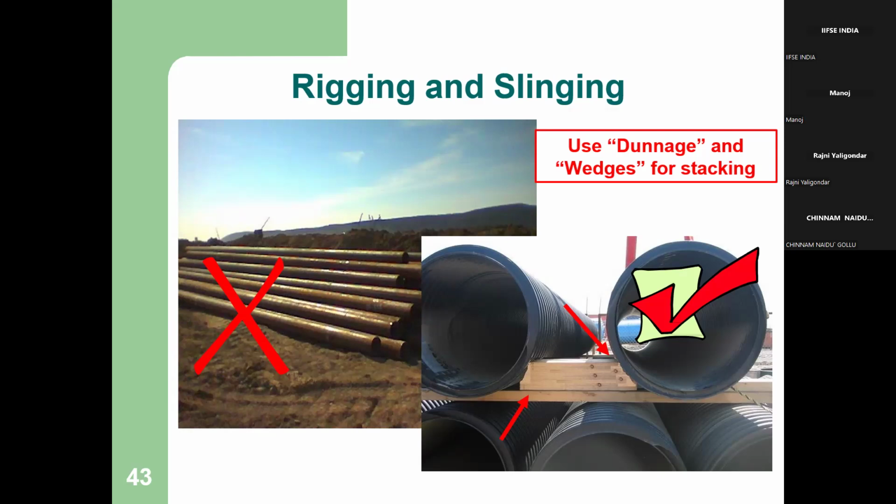But when you're carrying pipes, wedges are to be used as shown in this picture, or a log that has been cut in the shape of the pipes. That is what we call sleepers, or you can call it dunnage. This will prevent the pipes from slipping during transportation.